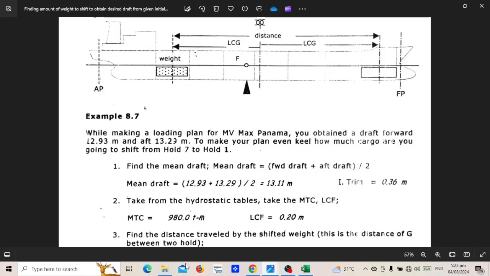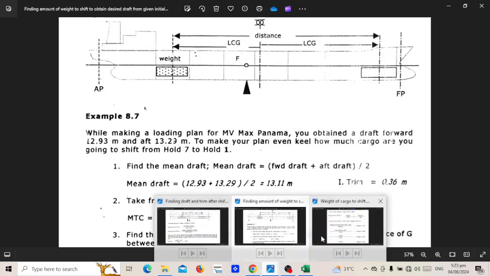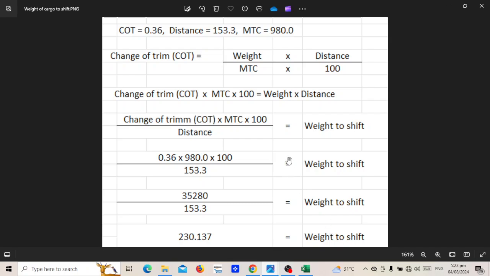Okay? So I have here another, the original formula. You have your change of trim of 36 centimeters. Your distance is 153.3 and your MTC is 980.